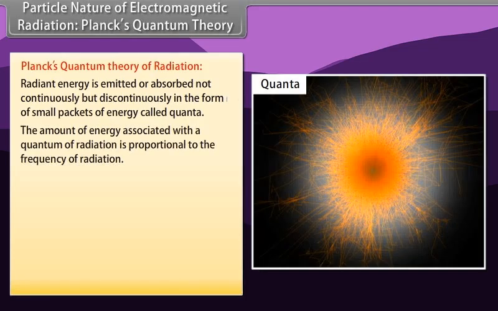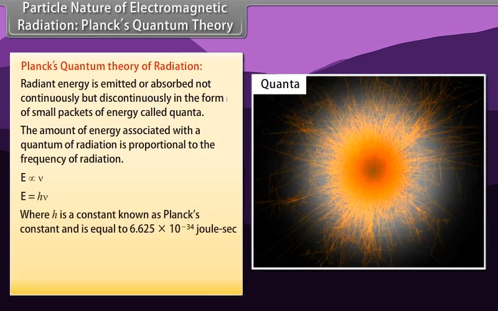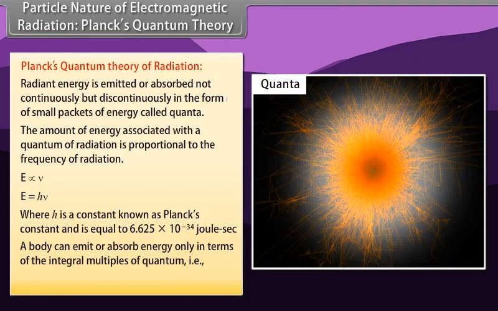The amount of energy associated with a quantum of radiation is proportional to the frequency of radiation, E = h nu, where h is a constant known as Planck's constant and is equal to 6.625 × 10^-34 joule second. A body can emit or absorb energy only in terms of the integral multiples of quantum, that is, E is equal to n h nu, where n is equal to 1, 2, 3, 4, etc.